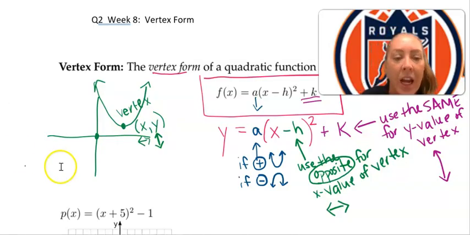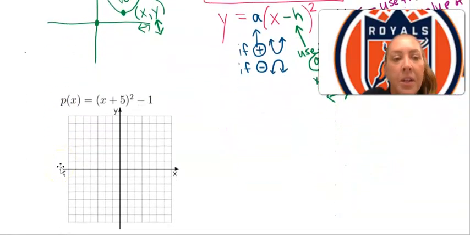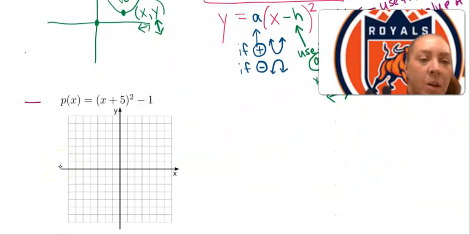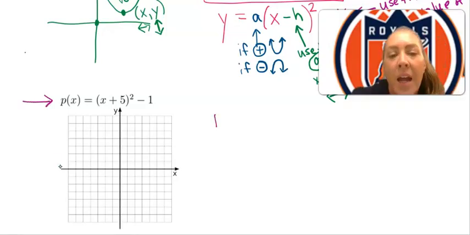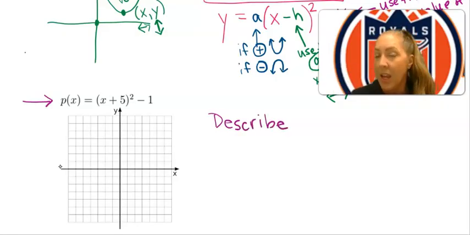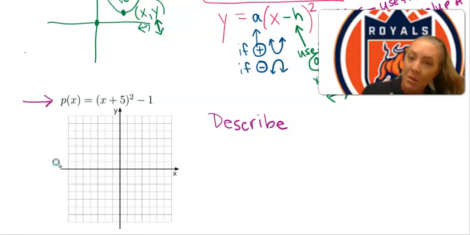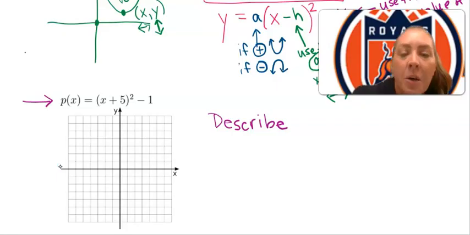All right, so let's look at kind of an example. We're going to be given this equation, and it's going to say, describe how the vertex moves. So first, we want to answer those 3 things, because that will help either match a graph or describe the motion. So let's see how it opens.